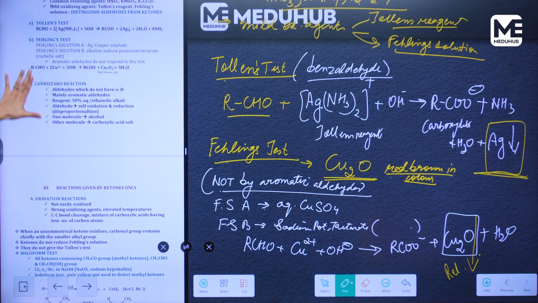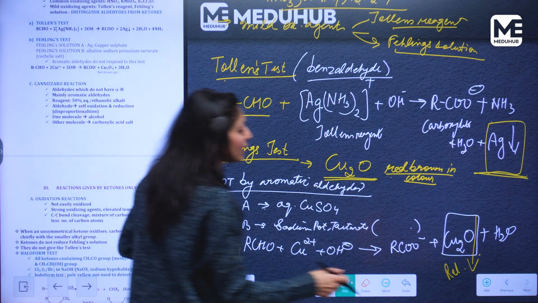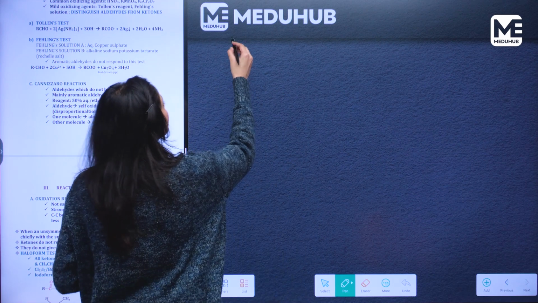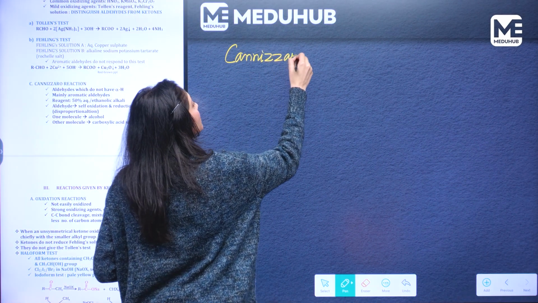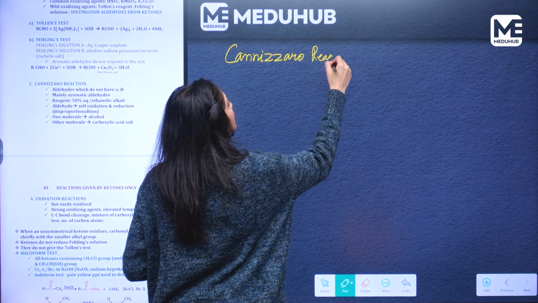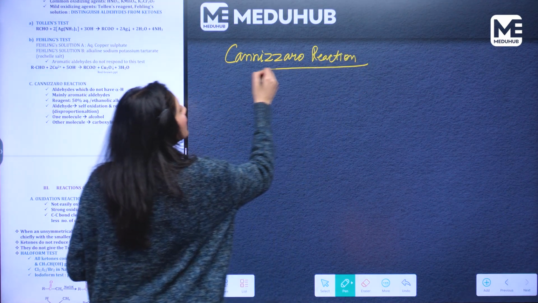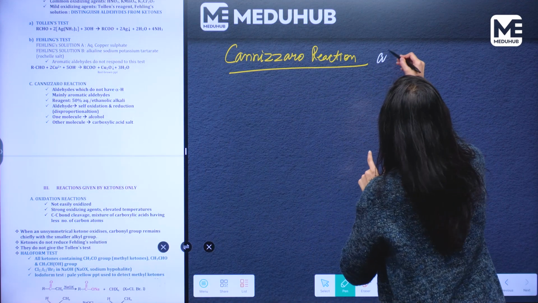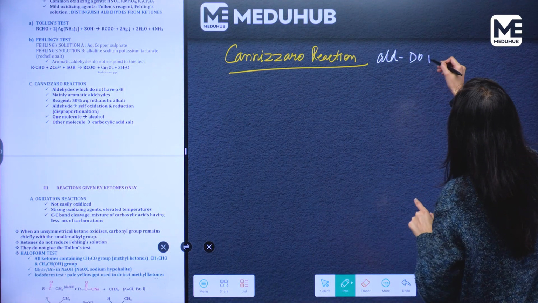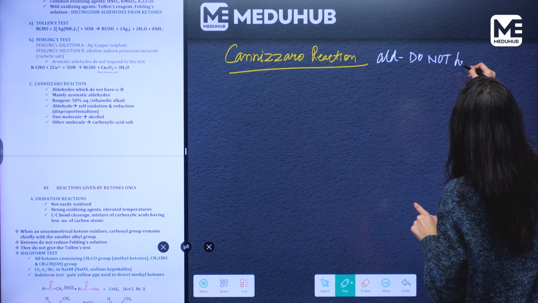The next reaction is the Cannizzaro reaction. Now the Cannizzaro reaction is also only given by aldehydes. It is important to know that the Cannizzaro reaction is given by aldehydes which do not have an alpha hydrogen.